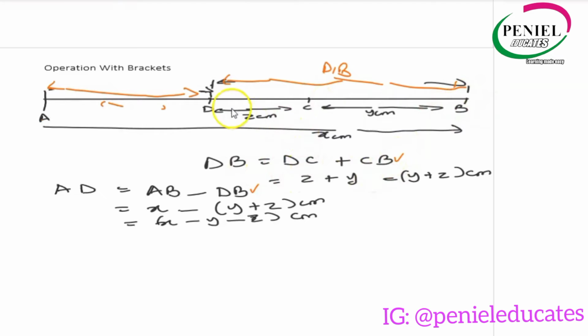Don't forget that we are given DC to be z centimeter, and CB to be y centimeter. So this particular DB is y plus z centimeter.